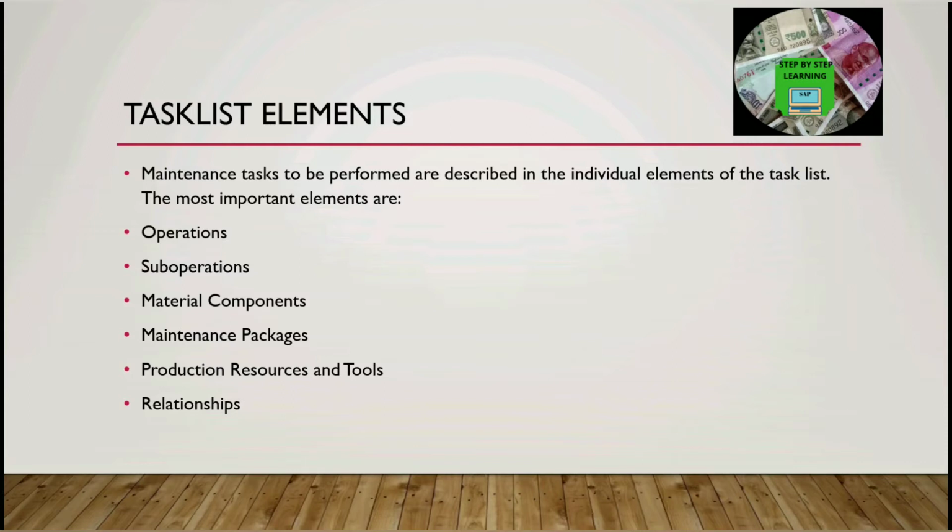Suppose you want to change the filter regularly every 3 months, that is a precondition before failures. Then you can directly put it in the task list material components, so that it will create reservations during the order generation automatically. So it will be a reminder for the maintenance people that they need to replace the filter. So it is a useful functionality in the case of regular replacement.